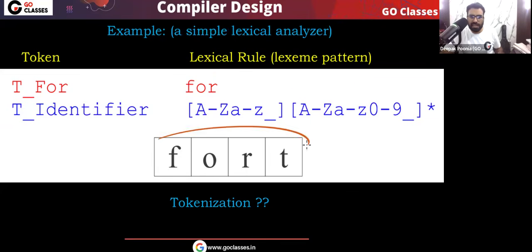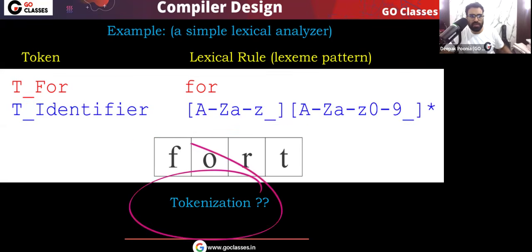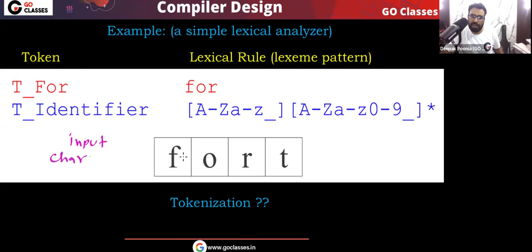Now, this is the input character stream we have: FORT, four characters. Let's see what will be the tokenization of this character stream. For this input character stream, how will the tokenization happen?